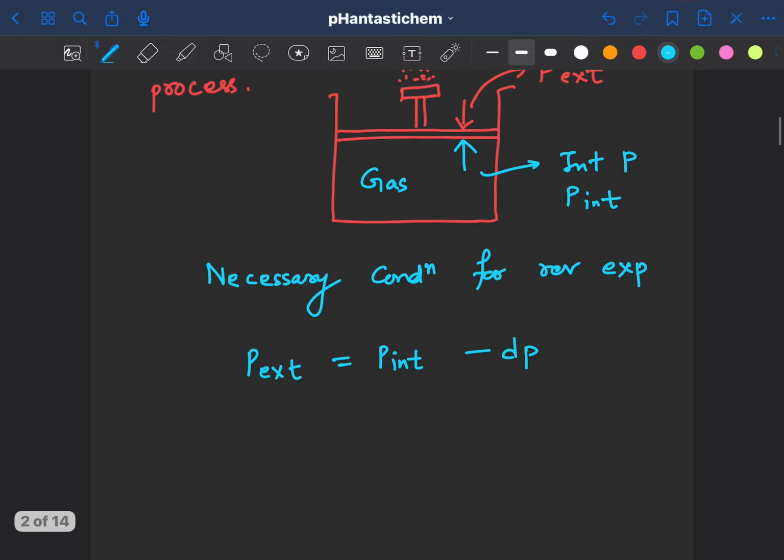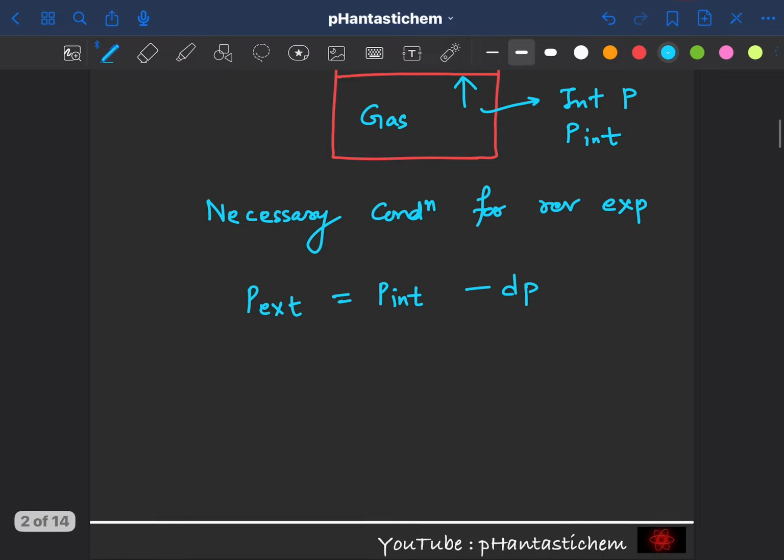So the small amount of work done, we represent it by delta W, and since it is a path function, we use this symbol and not the exact differential symbol.